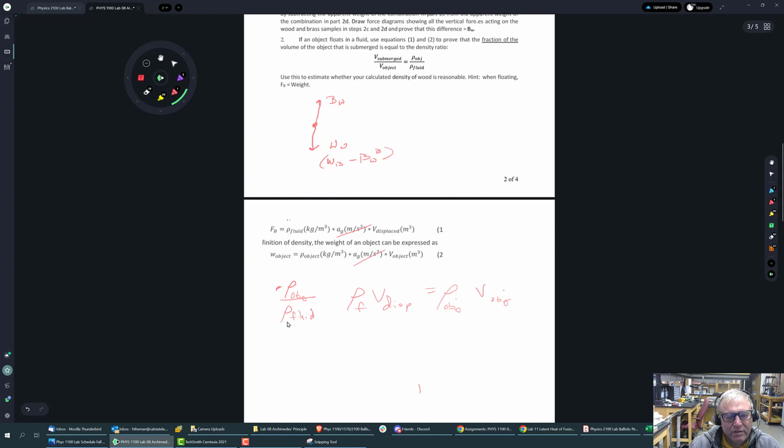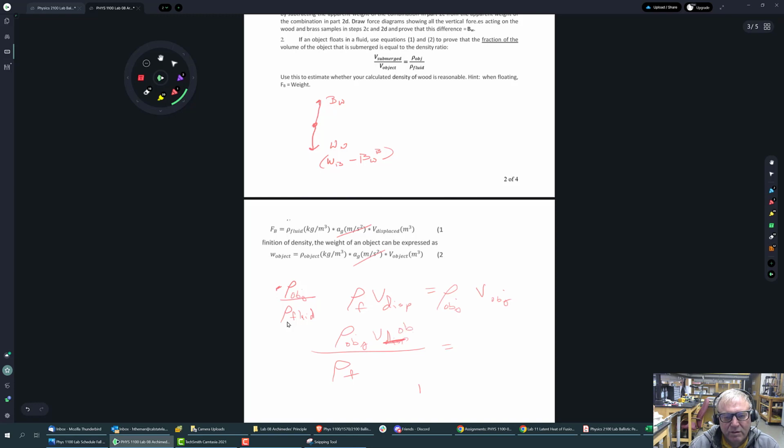So this is a classic cross product looking thing, right? So if we divide by rho of the fluid, then we get rho of the object times volume displaced divided by rho of the fluid equals, oops, what did I do wrong?